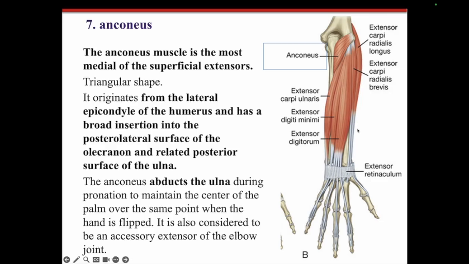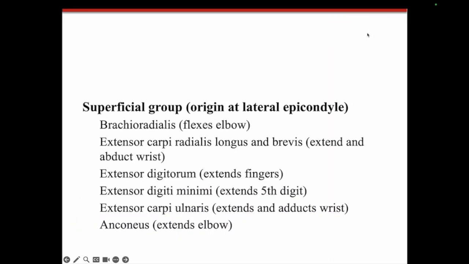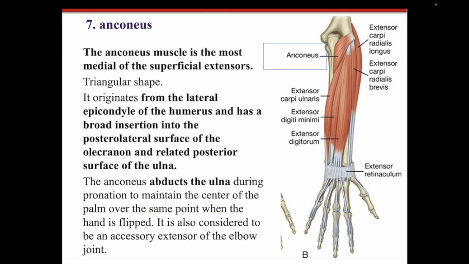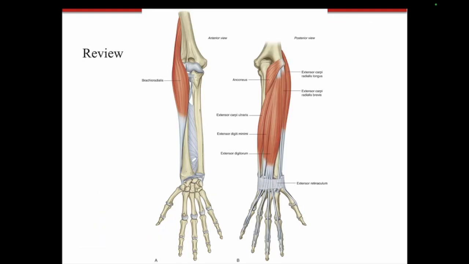The anconeus is this tiny little muscle that abducts the ulna. Okay, so here the names are telling you everything. Of course, for the purpose of memorization, visualization, you would have to focus on the tendons or memorize them from medial to lateral, or in this case, lateral to medial.